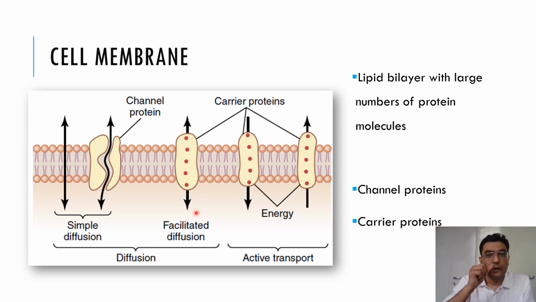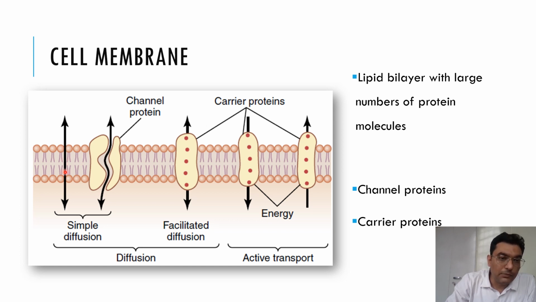As you can see, these carrier proteins are of two types. The first one is involved in facilitated diffusion, while these two are involved with the help of energy. So these two types of proteins require energy for the movement of molecules or ions, while this one doesn't require energy.